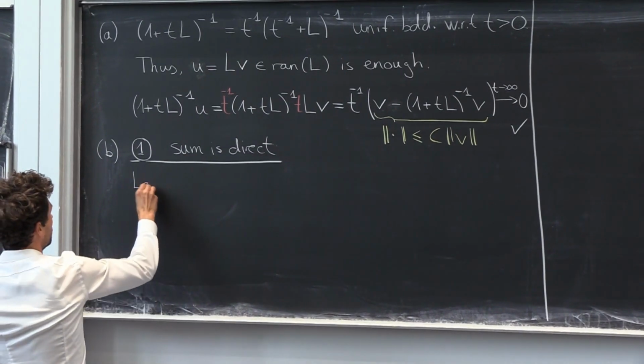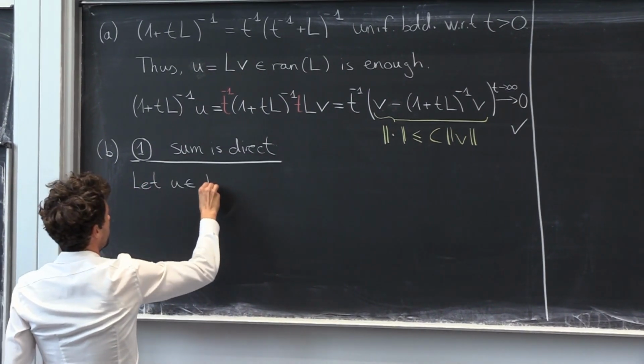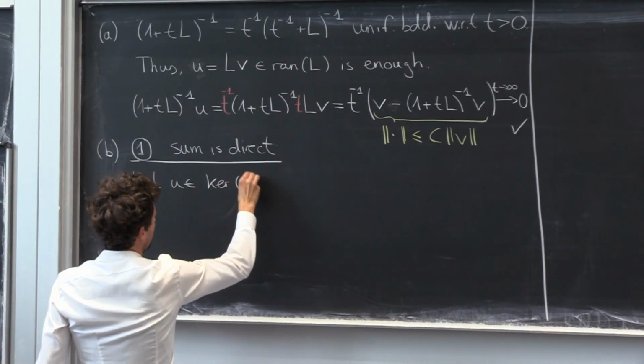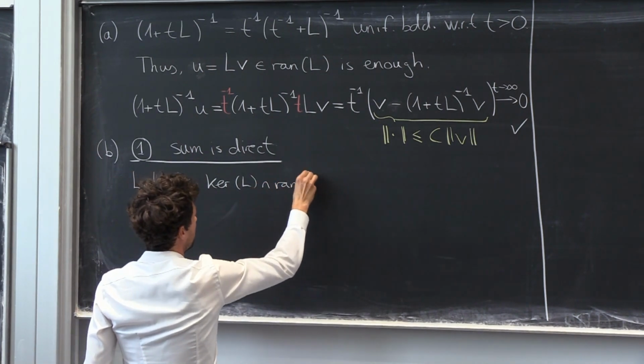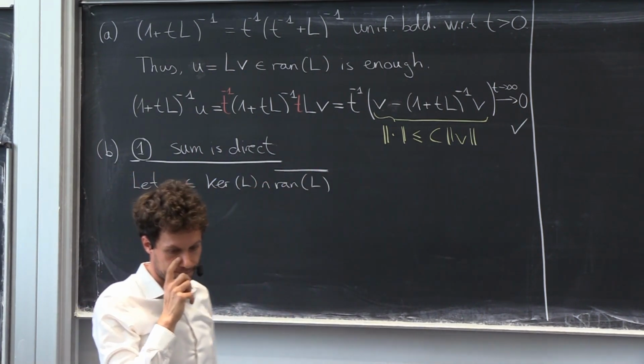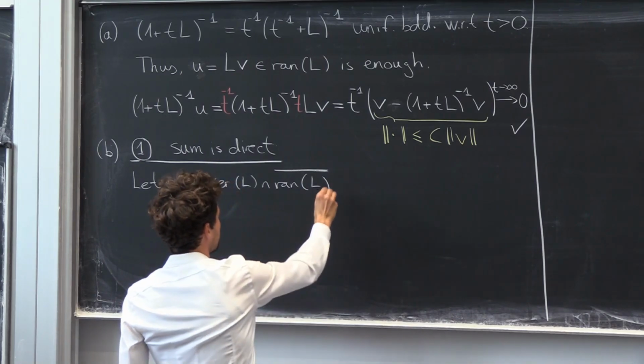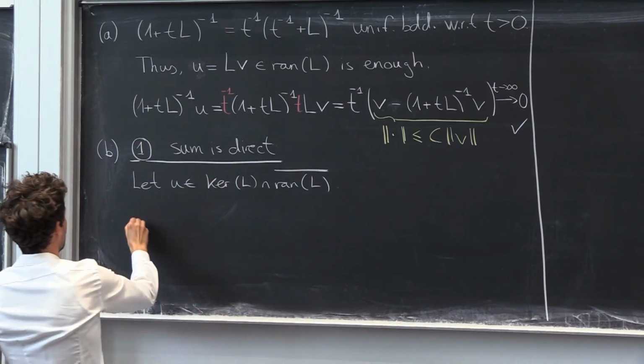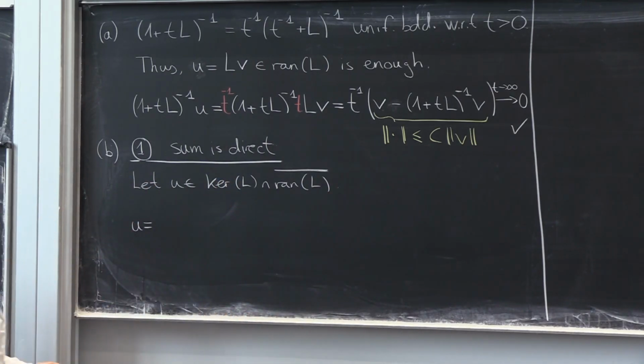So let's assume that U is in the kernel of L and also in the closure of the range of L. I want to prove that U is equal to 0. There's not much I can do at this point.